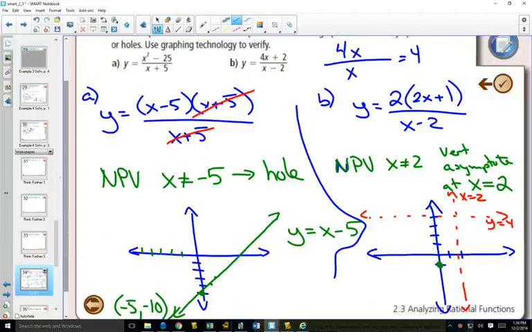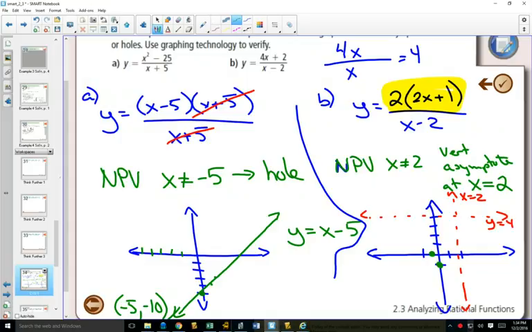X-intercepts are when y is 0, and the only place we have to look to figure out where y is 0 is in the numerator. So what would make that equal to 0? -1/2, right? So we have those 2 points so far.